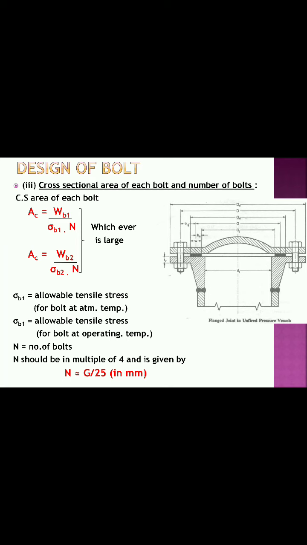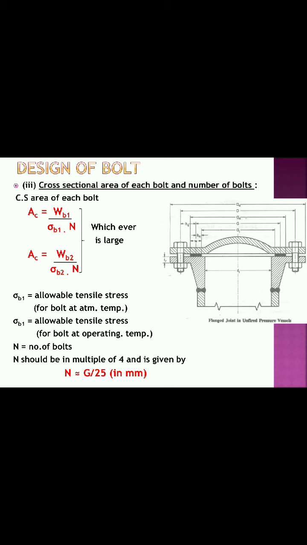So the cross-sectional area of each bolt and number of bolts, let us consider AC is equal to WB1 upon sigma B1 into N, and AC is equal to WB2 upon sigma B2 into N, whichever is larger has to be considered. Sigma B1 is equal to the allowable tensile stress for bolt at atmospheric temperature, and sigma B2 is the allowable tensile stress when the bolts are operating at the operating temperature.